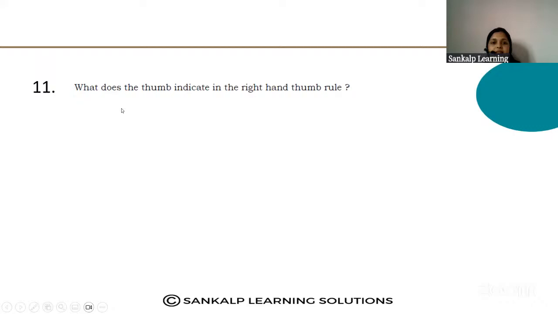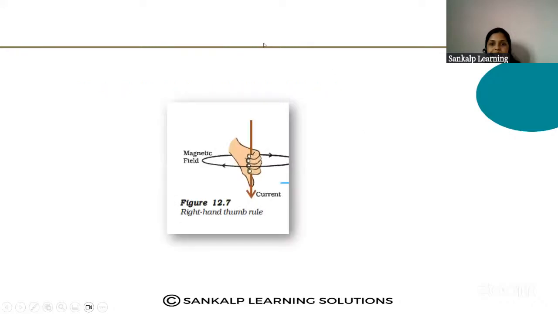What does the thumb indicate in the right hand thumb rule? Here, this is the current carrying conductor. When you hold this conductor in the right hand, these four fingers represent the direction of the magnetic field formed around the current carrying conductor, and the thumb represents the electric current.